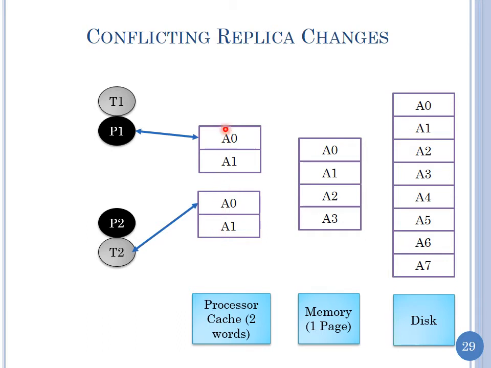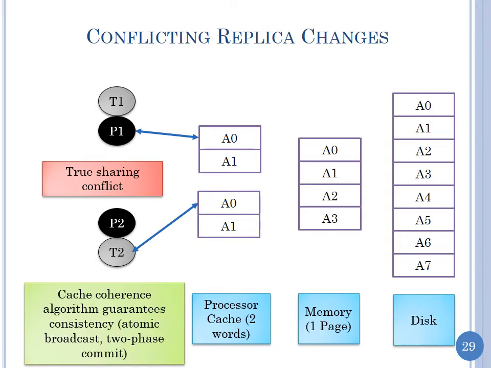And now if they both write to this, we have to have a cache coherence algorithm run. Okay, and this is a situation where it must run because they happen to be accessing the same location. So this is a true sharing conflict. Okay, so the cache coherence algorithm guarantees consistency.